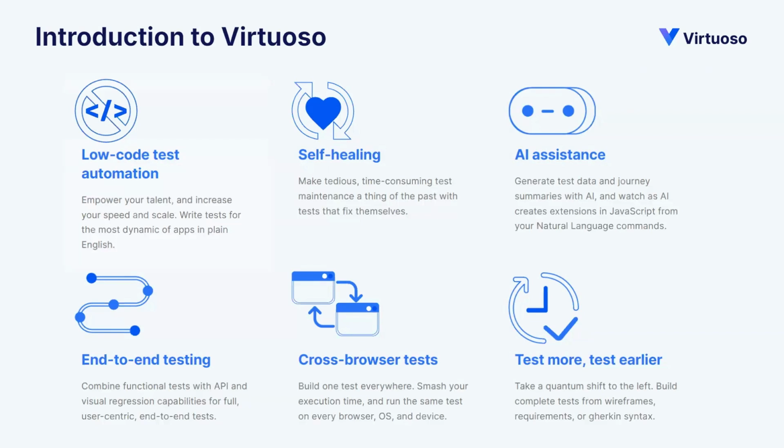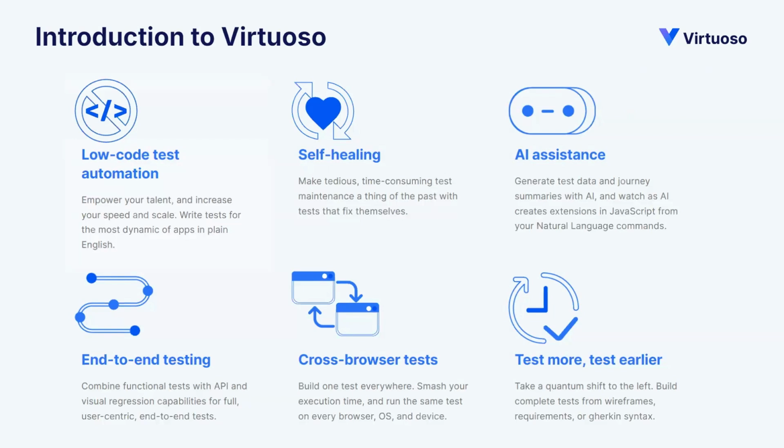Virtuoso has self-healing, which reduces the maintenance or the test maintenance efforts to a great extent. It reduces the maintenance effort by 85% as per our observations from various customers. Virtuoso has a lot of AI capabilities, leveraging which you can generate the summaries of a particular test journey.